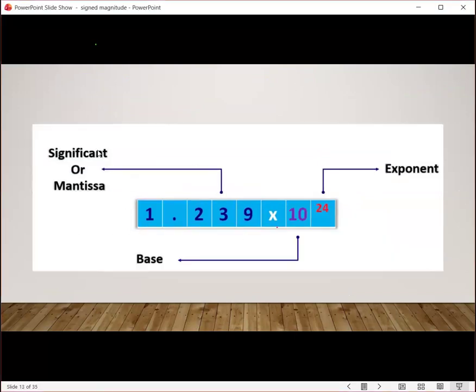In this, this part is called the significand or mantissa, and this part is called the base. You already know in decimal, 10 is called the base, and the exponent is 24 here. You should understand the different names used for this.